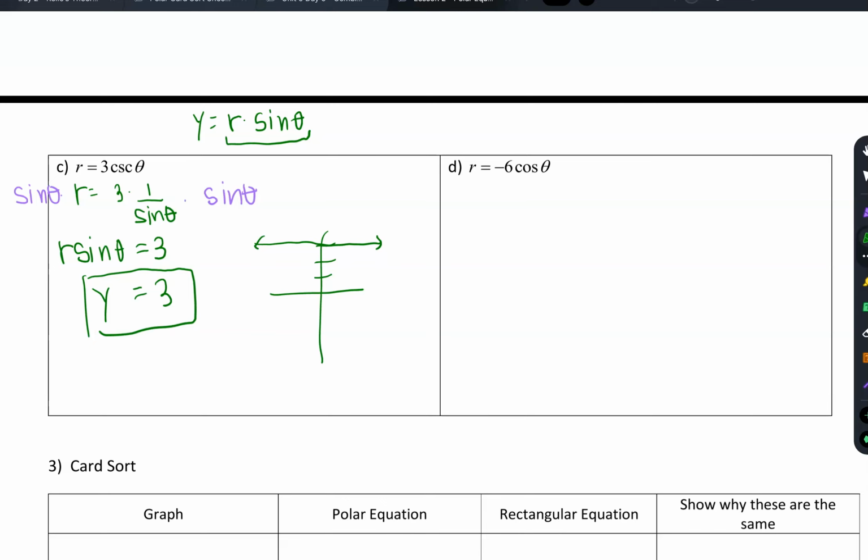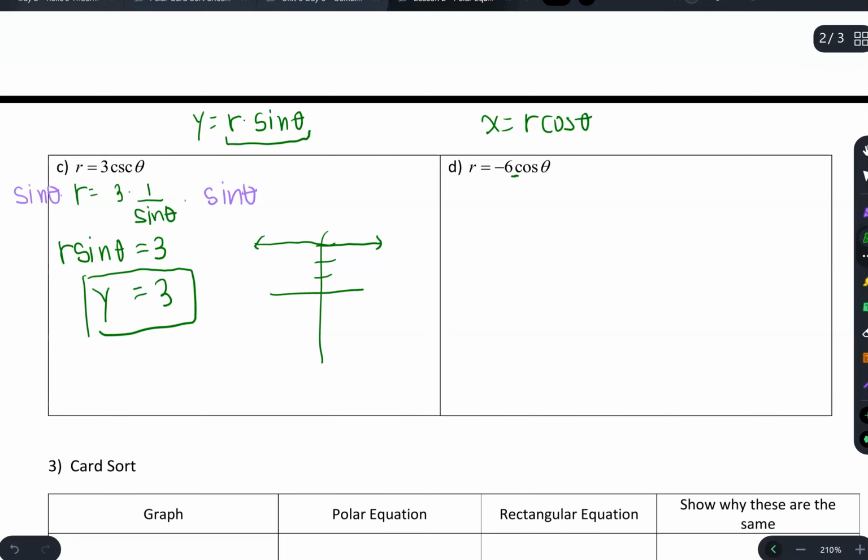Okay. All right, what about D? So D is a little different than what we just did. So you would think that you want it in terms of r times cosine of theta. So to get r times cosine of theta, I need an r over here, right?